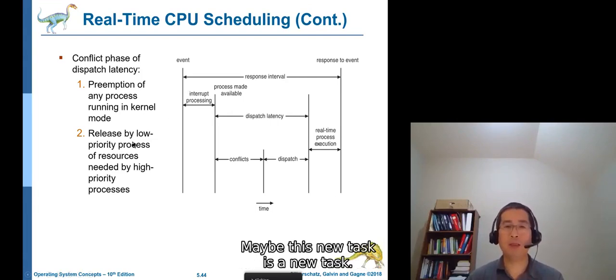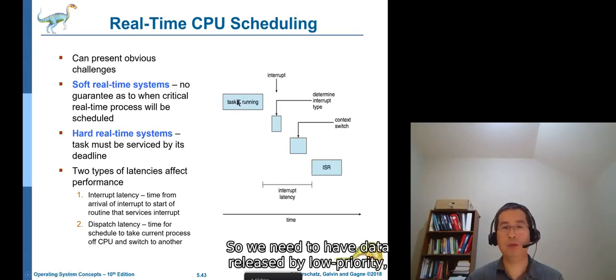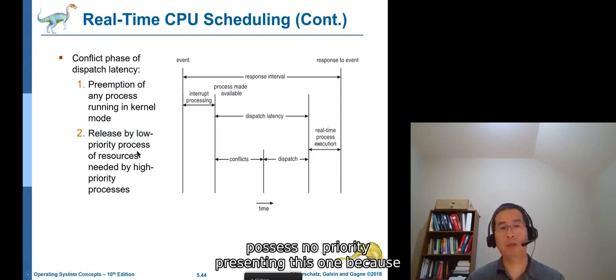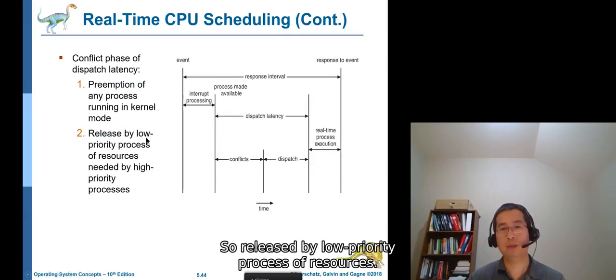And the other one is that resource release. Maybe this new task, we need to have some resources occupied by the older task. So we need to have that released by low priority process. Low priority process means this one, because this one is interrupted by the high priority tasks.